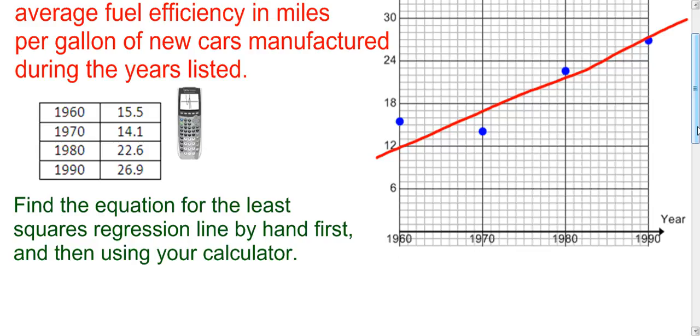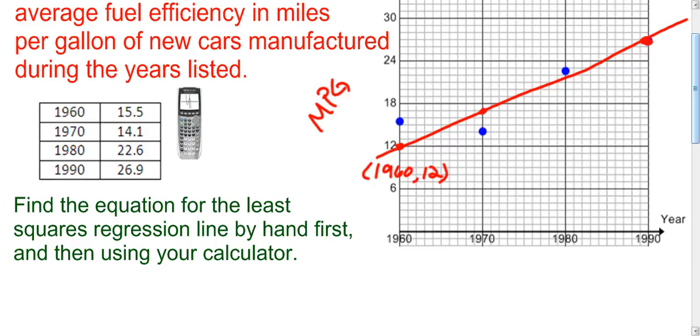We want to come up with an equation for that line, which means I need to find 2 points that are on that line somewhere. You can pick any 2 points you want. I'm going to pick this point right here, which is the year 1960 and 12 miles per gallon. By the way, I should probably have this axis labeled with miles per gallon. And then I can pick any other point I want. I could certainly do this one because it's on there, which is the year 1970 and 17.